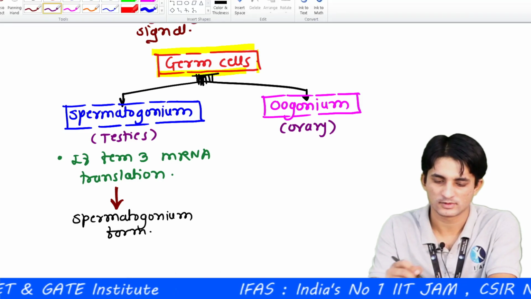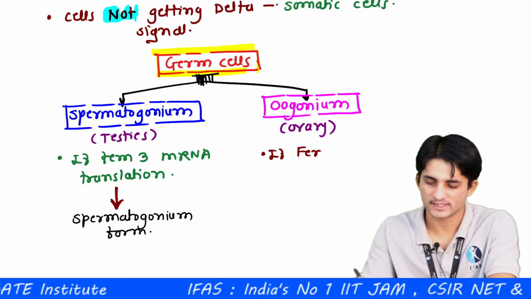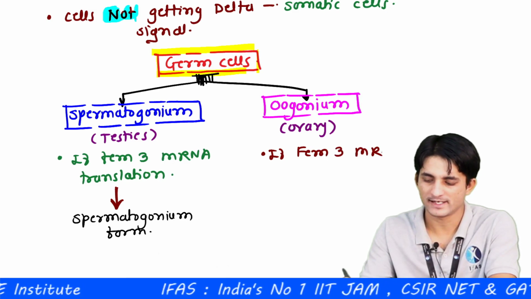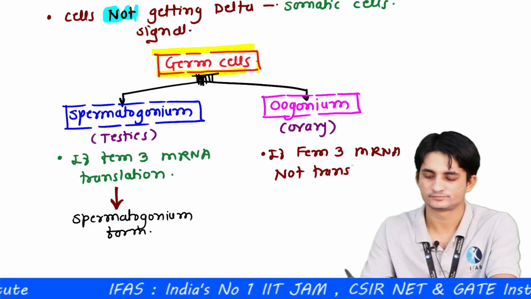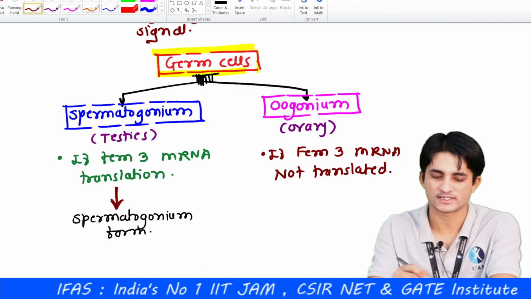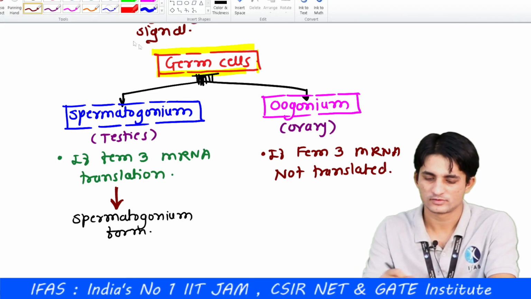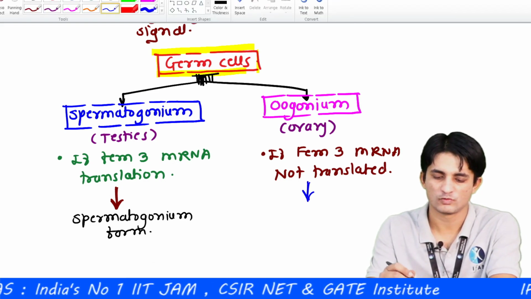so if FEM3 mRNA is not translated, then there is formation of the oogonium.